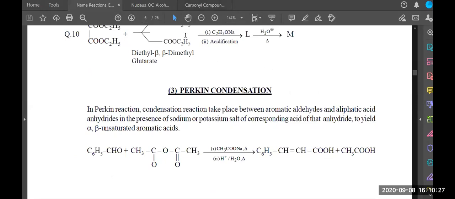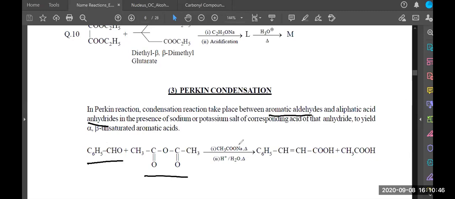So think about this. We have benzaldehyde, and this is your anhydride. So the reactants are anhydride and aromatic aldehyde.